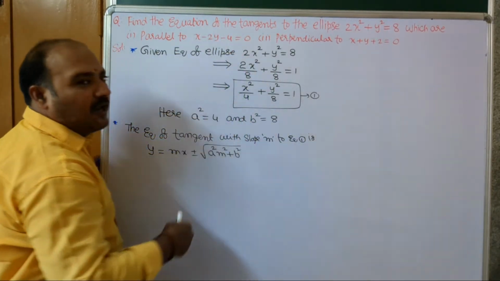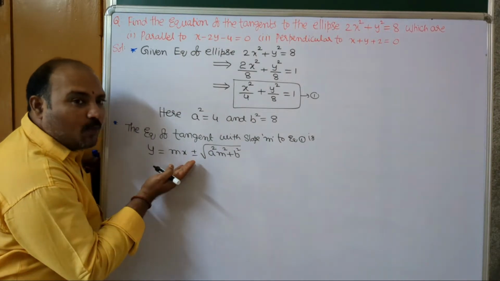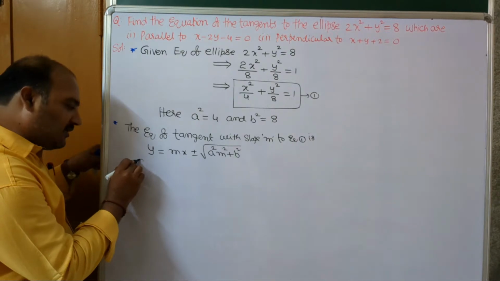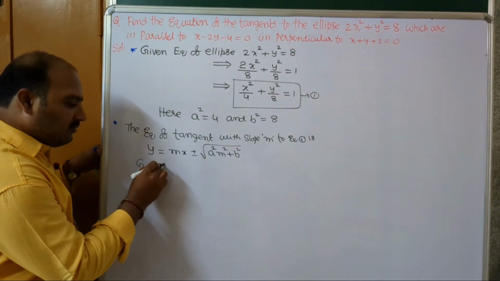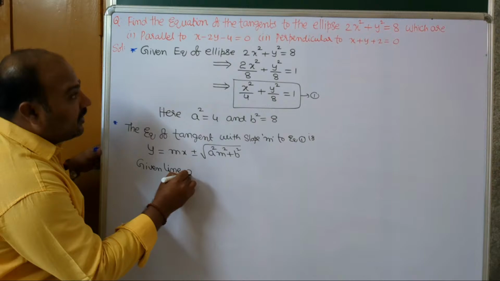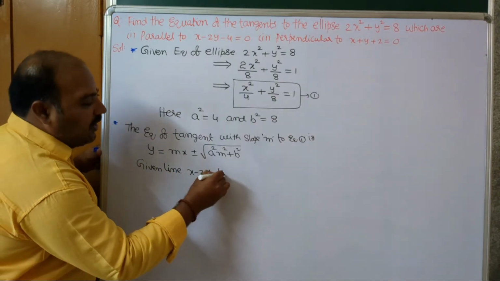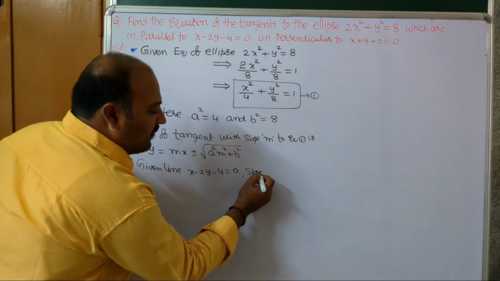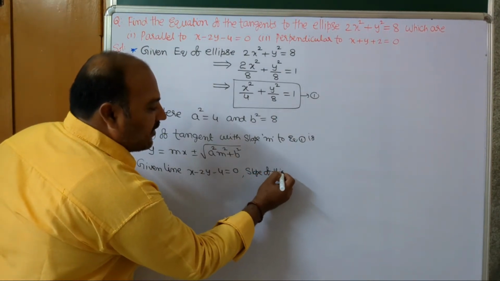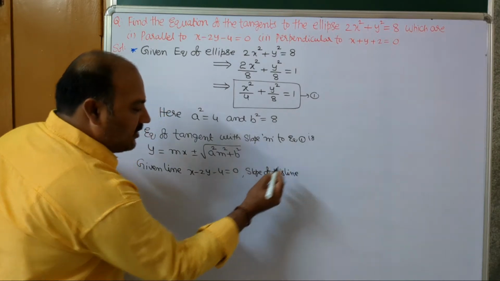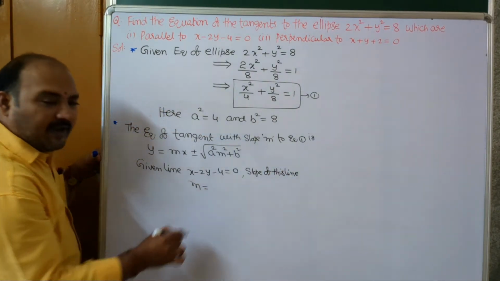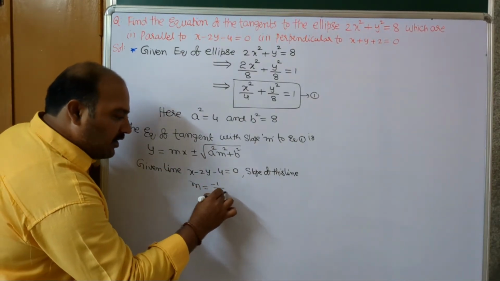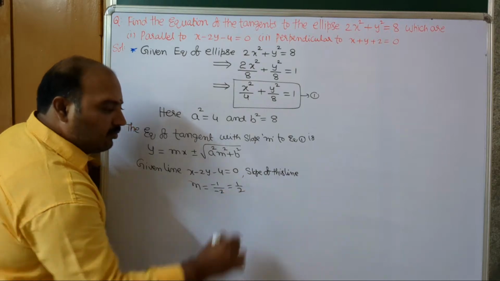For a parallel line, this line's slope and the other line's slope are equal. So given line x minus 2y minus 4 equal to 0, slope of this line: m is equal to minus x coefficient by y coefficient, minus 1 divided by minus 2, so 1 by 2.